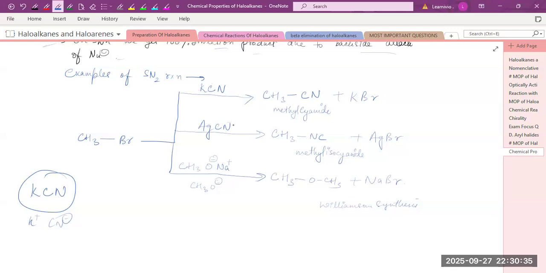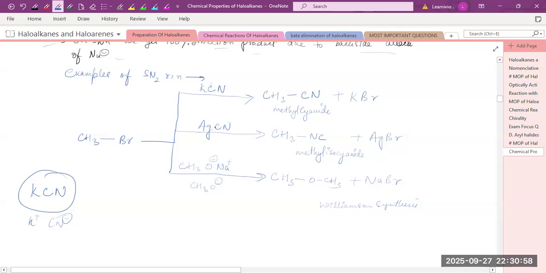But here you have to just remember: when the cyanide group is with the potassium element, the attack is from the carbon. The donor site will be the carbon. The attack will be from which side? Carbon side, not from the nitrogen side.